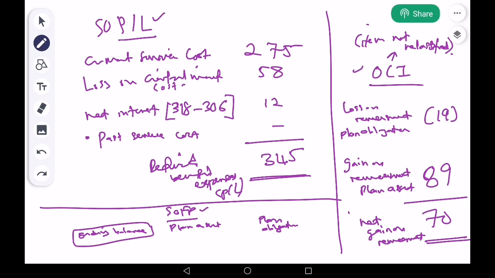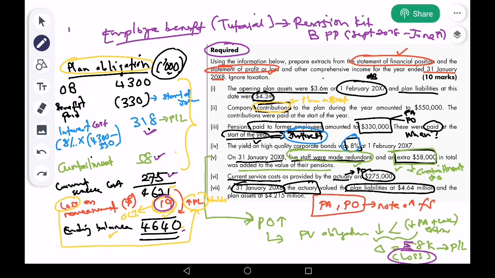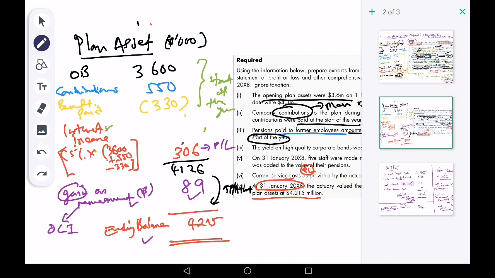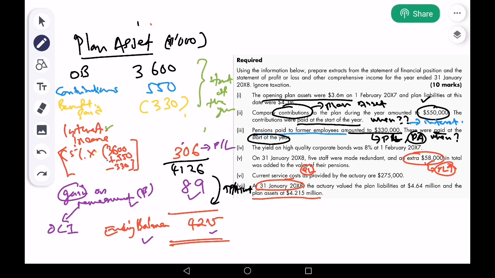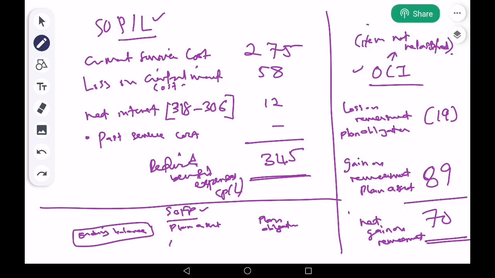Come back to the first page. 4640 and 4215. Obligation 4640, your plan asset 4215. Obligation is higher, so your net will be liabilities. So how much is the difference? Net liabilities will be 425.